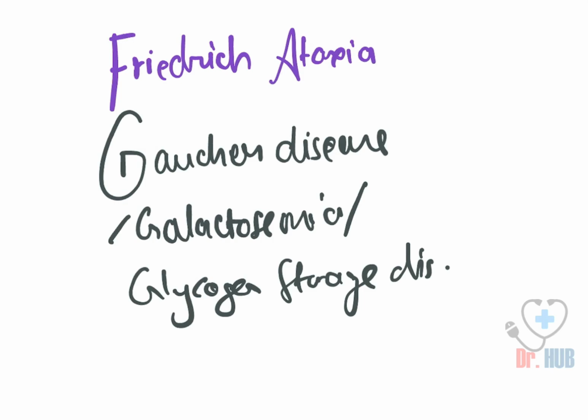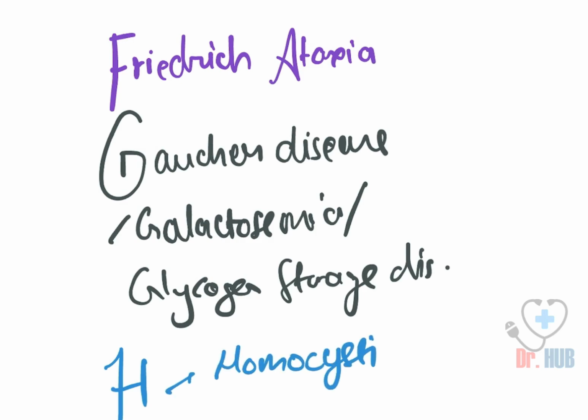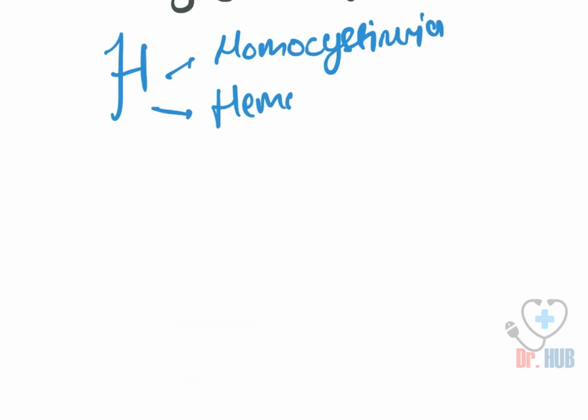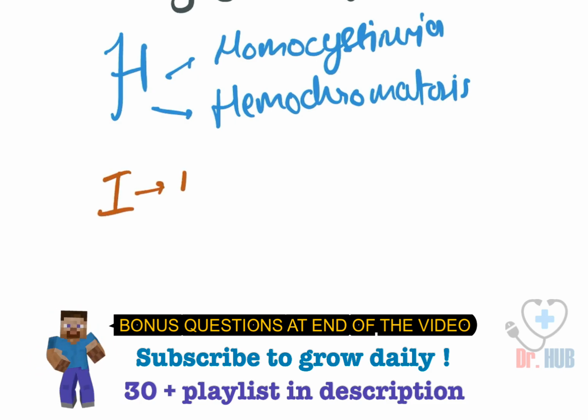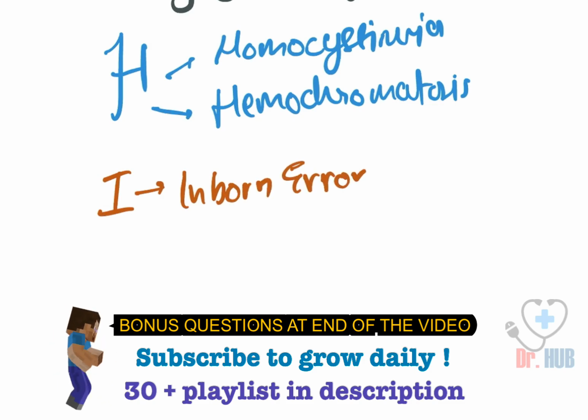Then we move on to letter H. So H stands for homocystinuria as well as hemochromatosis. So then moving on to I. I here stands for inborn errors of metabolism.